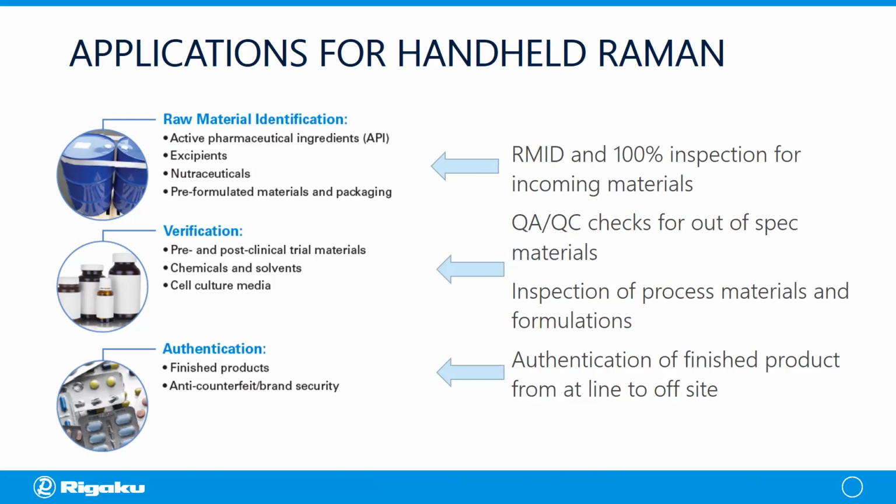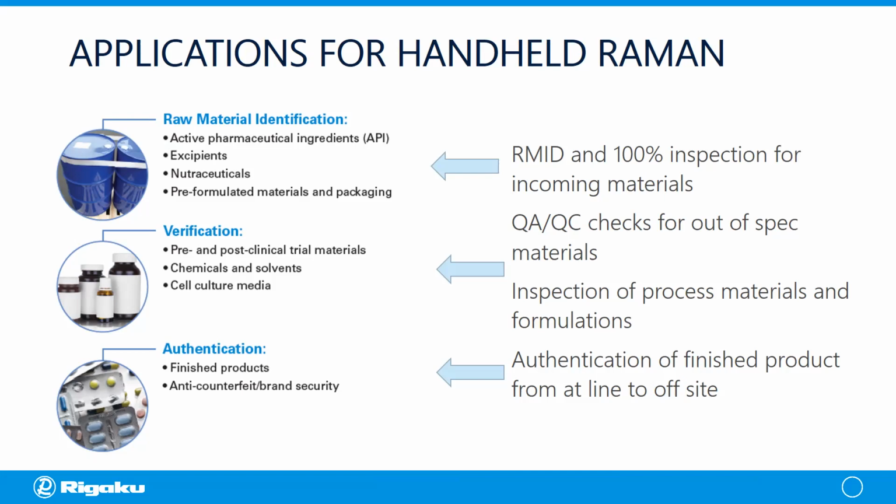Next, we can go to QA/QC, which checks for retains and formulated materials and verifies materials used in entire processes. Then we can do secondary process monitoring, where we can verify the final product and also check the incoming materials as a secondary check.